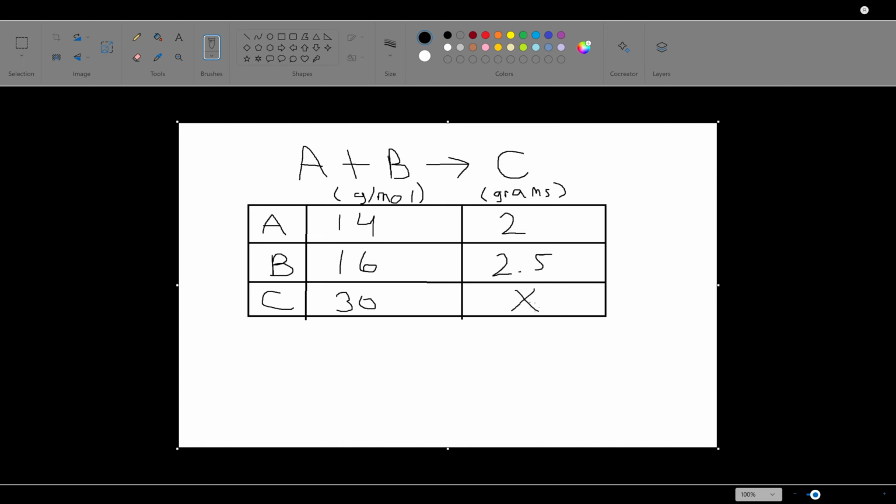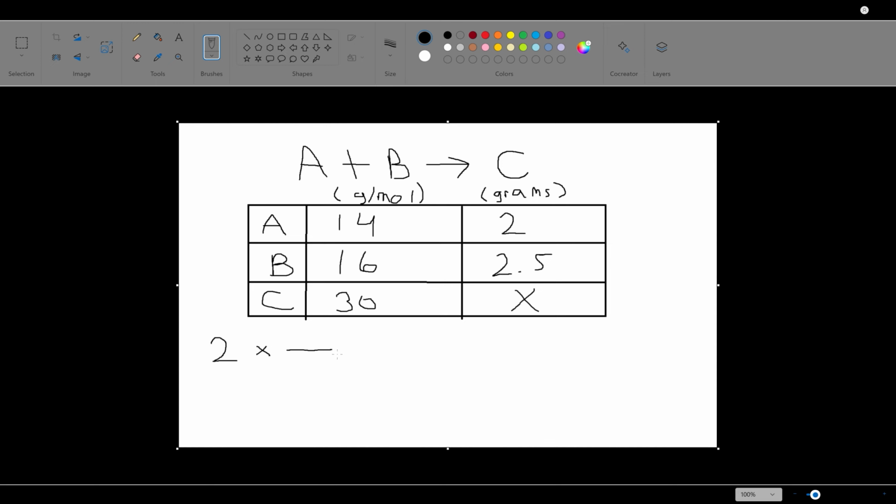So first, what we have to do is determine which one of the reactants is the limiting reactant. So to do that, we have to convert our gram amount into moles. So we do that by just simply starting out with the 2, since that's what we said we have from the table.